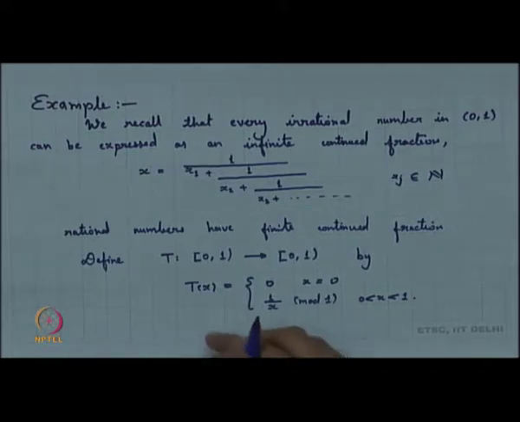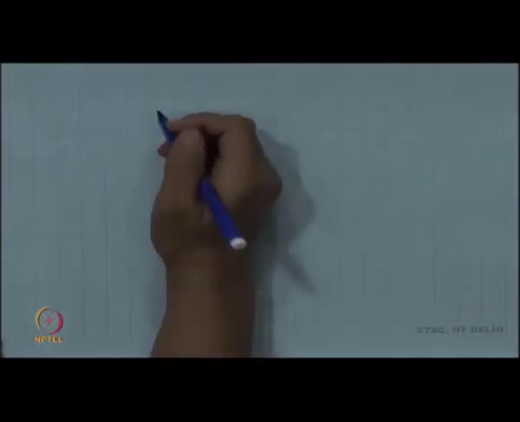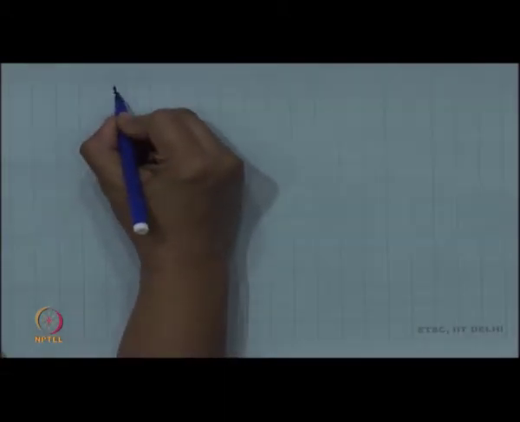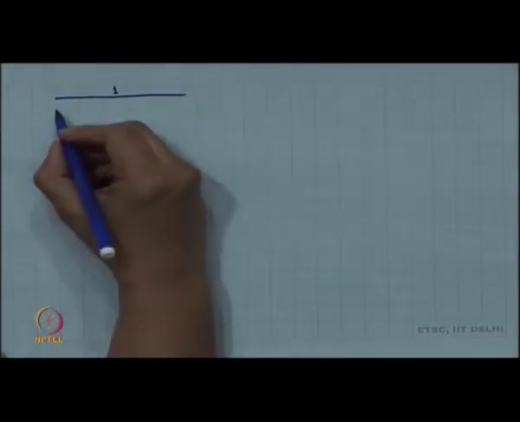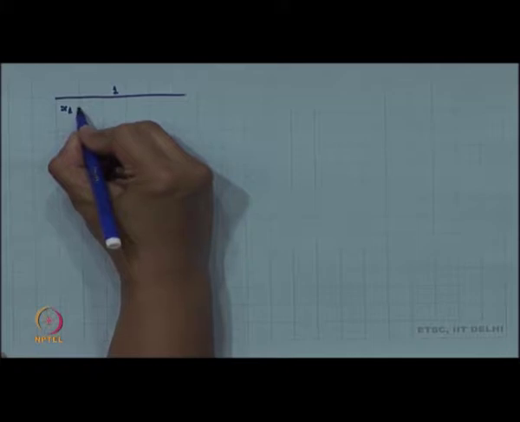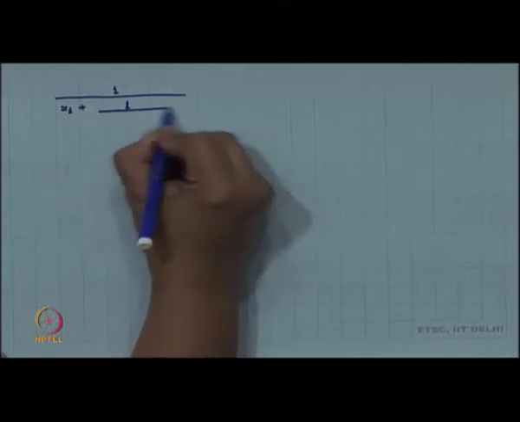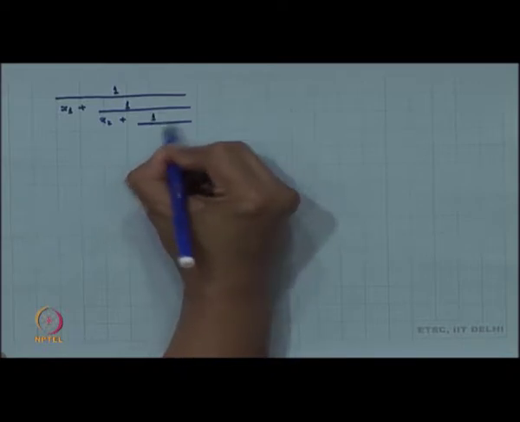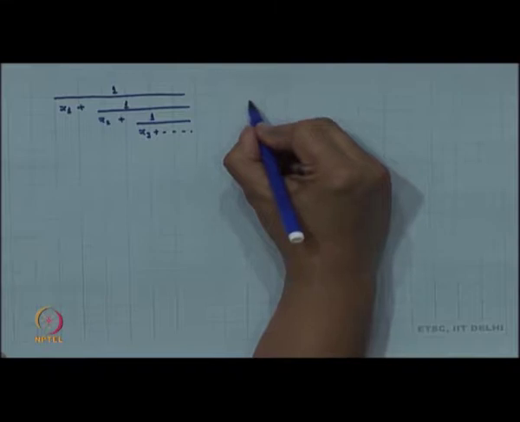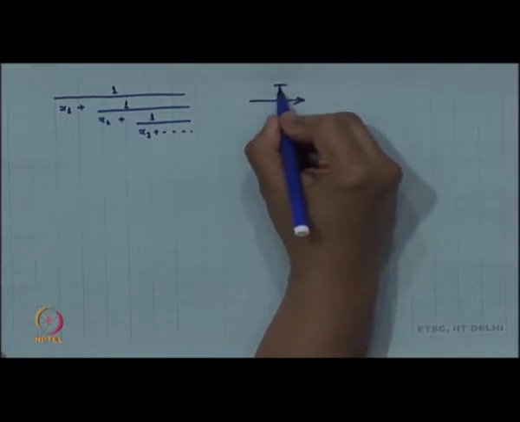If we want to see the action of T, say you start with this continued fraction. I am writing x in terms of a continued fraction: 1 upon x_1 plus 1 upon x_2 plus 1 upon x_3 plus, and so on. What happens under the action of T?